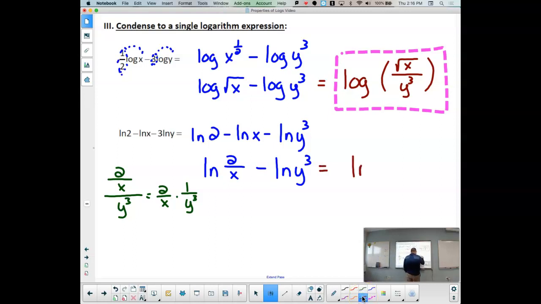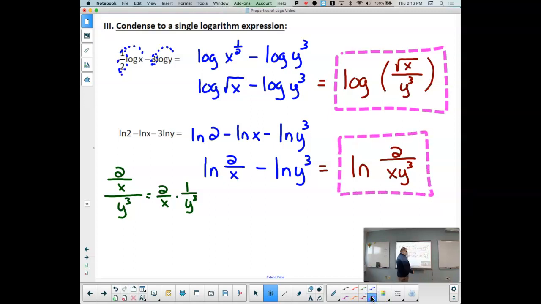So this is going to be the natural log of 2 over x, y cubed. If you need to break things out onto the side, sometimes you've got to break things out onto the side and just do some maths over there. Okay? So that's condensing.